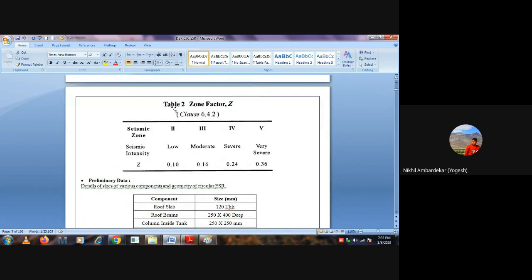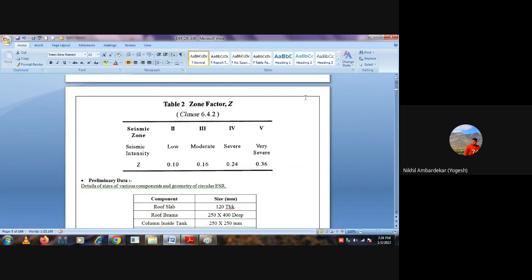I have not included that map, but based on that map, for seismic zones 2, 3, 4 and 5, it is given as a Z value. For 2, it is low seismic intensity. Third will be moderate. Fourth will be severe, and fifth will be very, very severe.